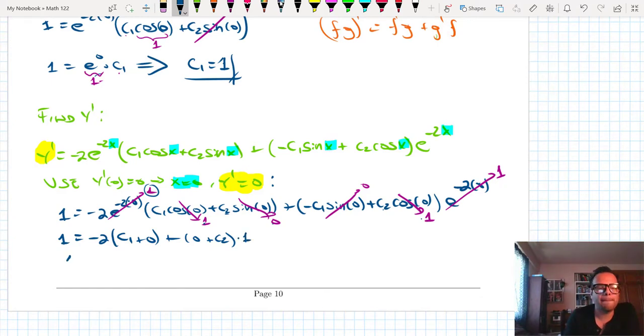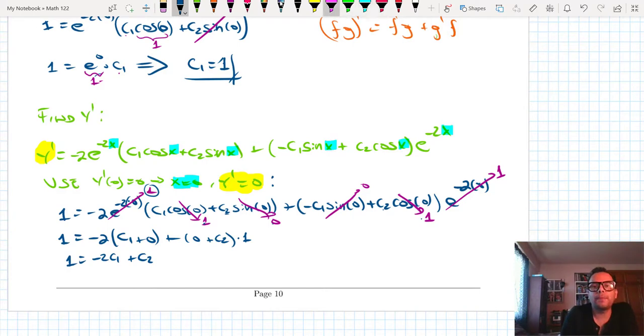Let's simplify to get negative 2 c1 plus c2. But over here we have one equation, two unknowns.